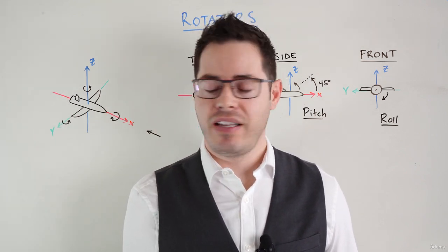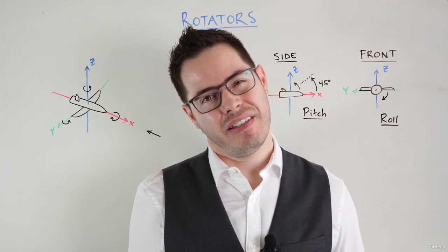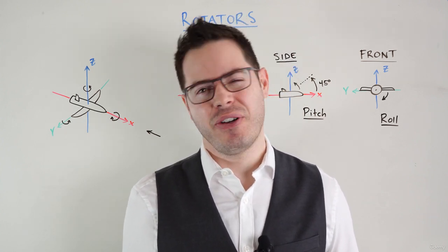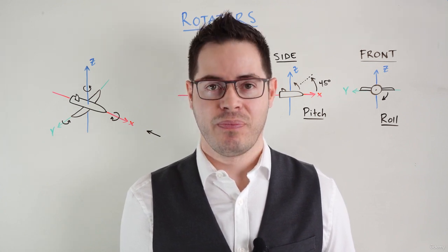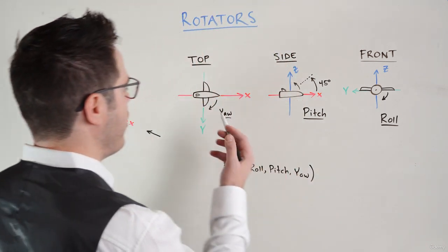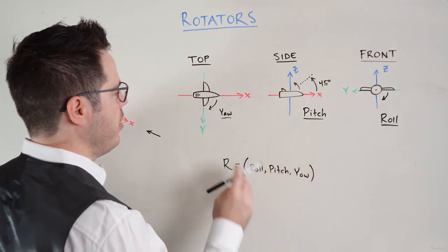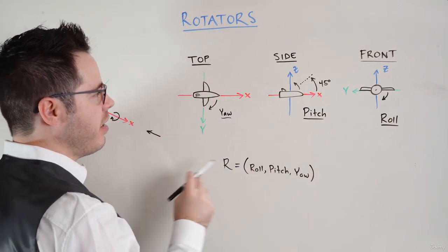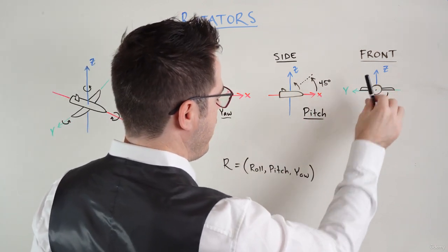So yaw is like you're looking back and forth to cross the street. Roll is you're tilting your head like you don't quite understand. And pitch is looking up and down. So always think about our airplane when you're confused about yaw, pitch, and roll. Yaw rotates about the z, pitch rotates about the y, and roll rotates about the x.